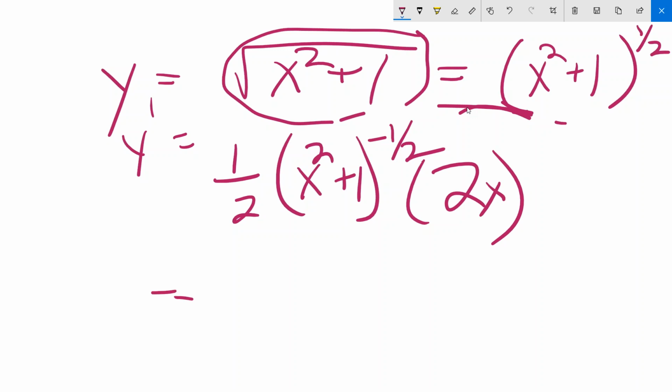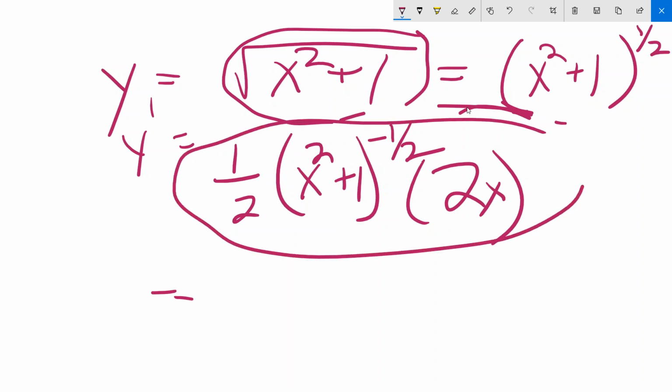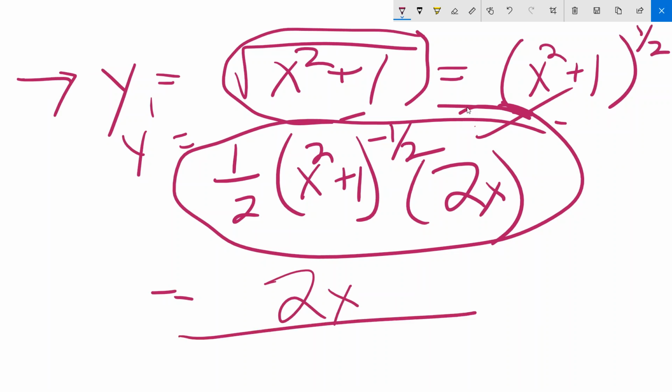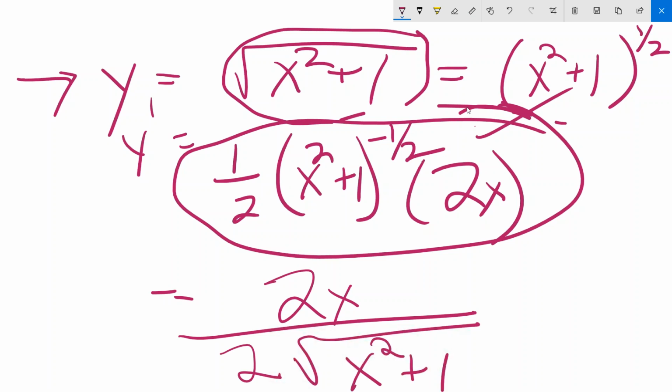Now, if you're dealing with a multiple choice test, you might not see that as a choice, because usually when they start you with a radical sign, your answers are going to have a radical sign. So if I convert that to a radical sign, 2x is in my numerator, and 2 times that is in my denominator.